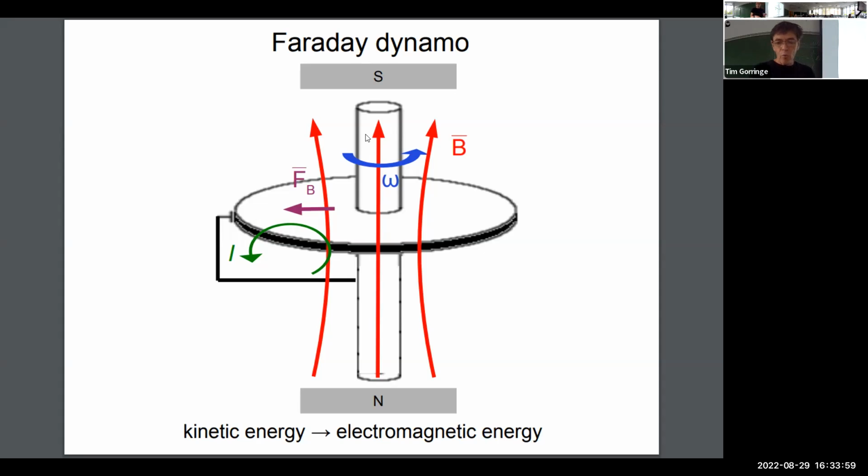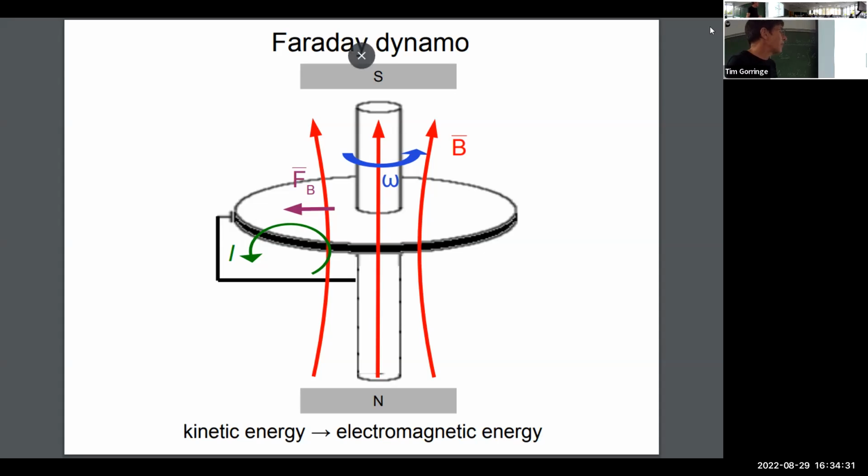In the Earth and the sun, you've got moving charges moving through a magnetic field. They experience a magnetic force, and that magnetic force drives currents that create fields themselves. That's the physics basis for the Earth and the sun as dynamos, and for their magnetic fields.